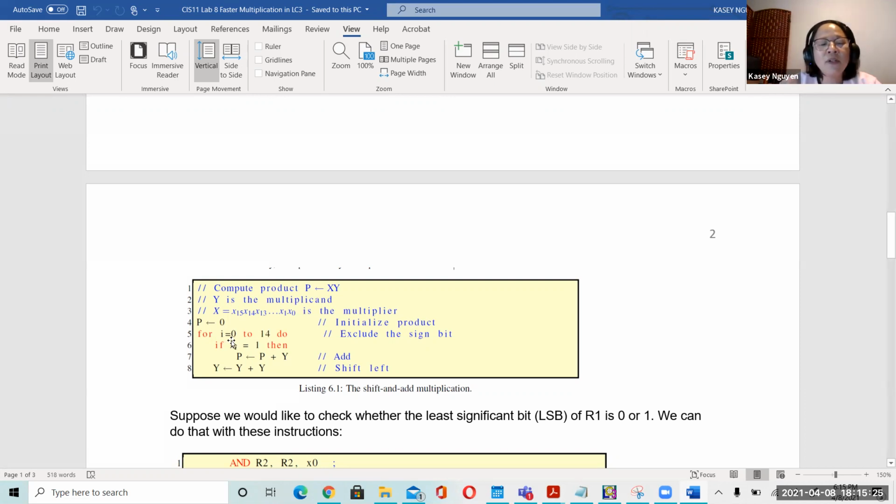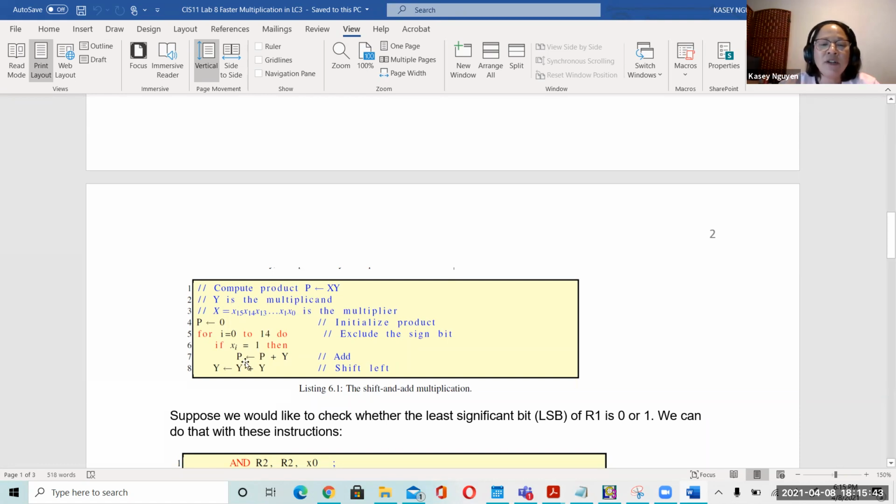So with the for loop, we then have to nest an if. So we would say if x of i is 1, right? We said that when the bit is on, it would add the value, okay?